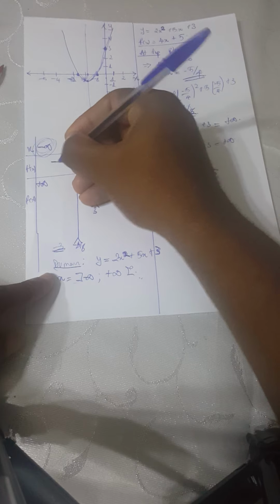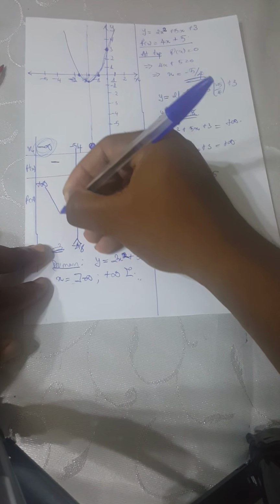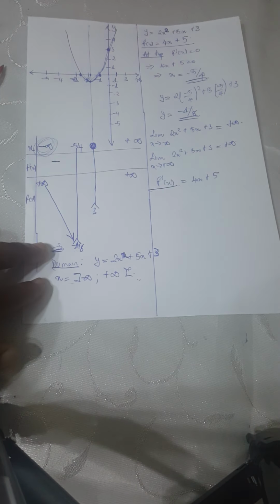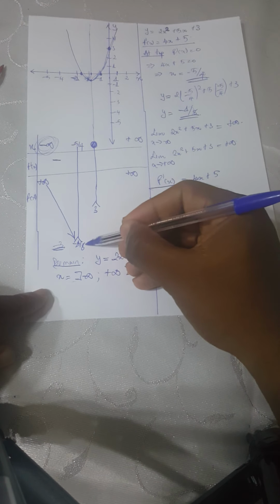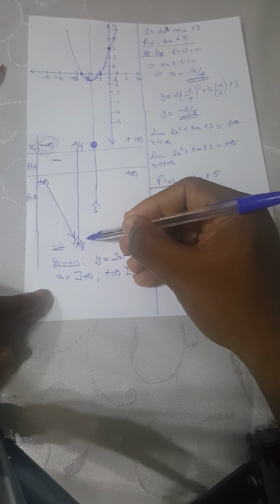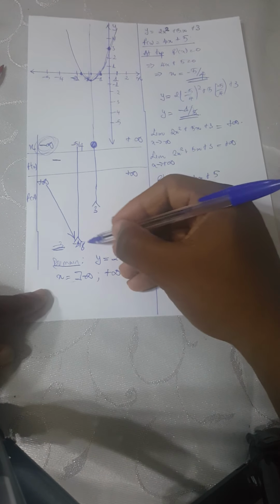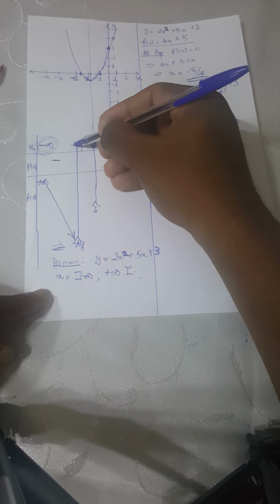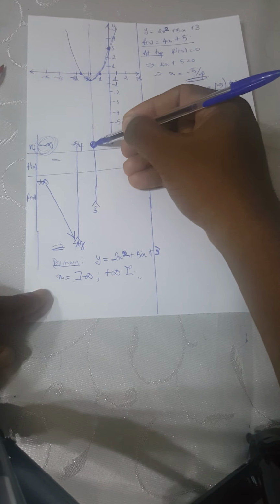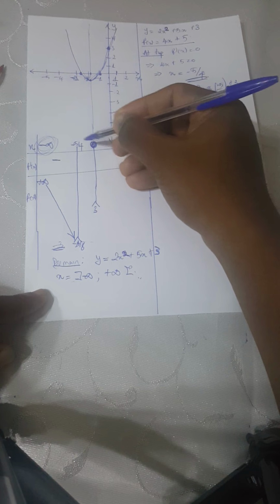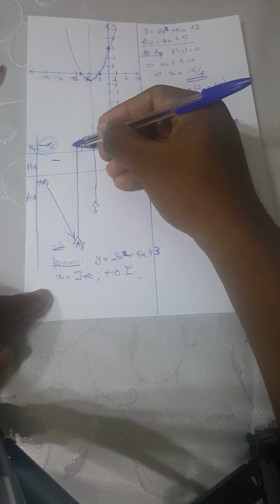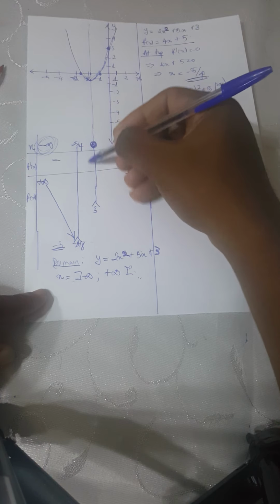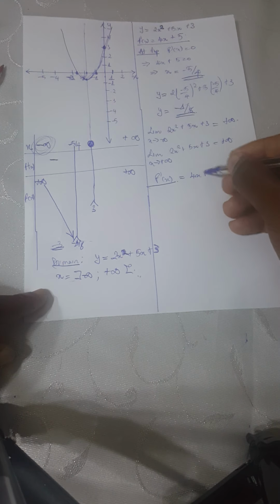So this is negative, which implies that the curve is going to descend here. Now, the next interval is between negative 5 over 4 and 0. I place negative 1 here, and here I have a positive value.